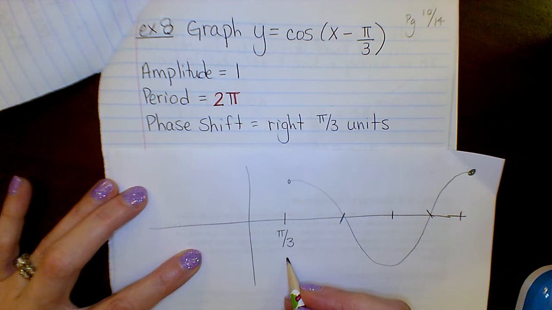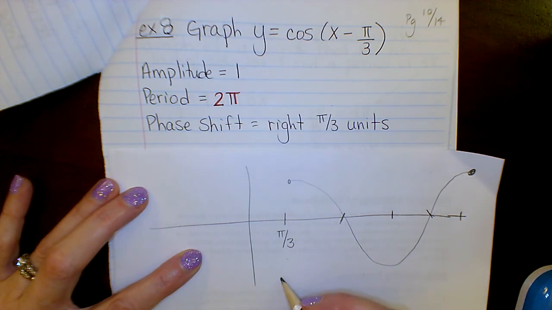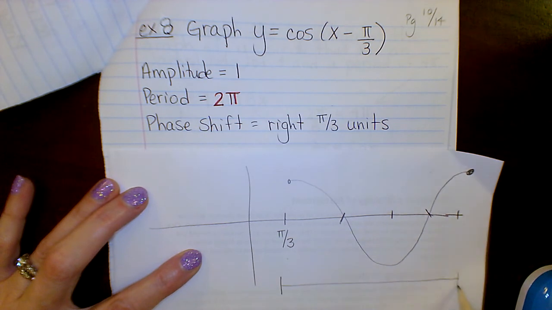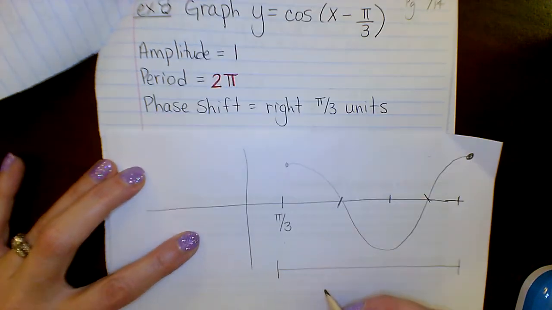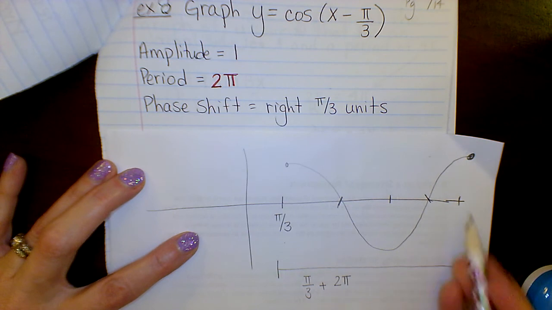From here, this pi over 3 to this end point of 1 period is 2 pi. All right? So from here to there is 1 period. That means if I start at pi over 3 and I add 2 pi, that'll give me this endpoint.